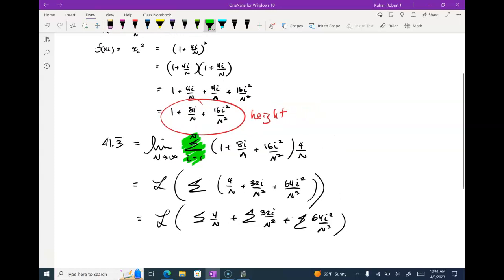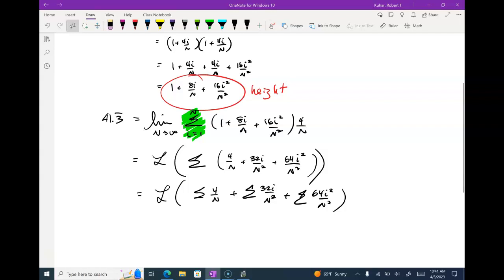Okay, so that means anything I have here that's not an i can move outside of this sum. So I'm talking about the limit of 4 over n times the sum of 1 plus 32 over n squared times the sum of i plus 64 over n cubed times the sum of i squared.